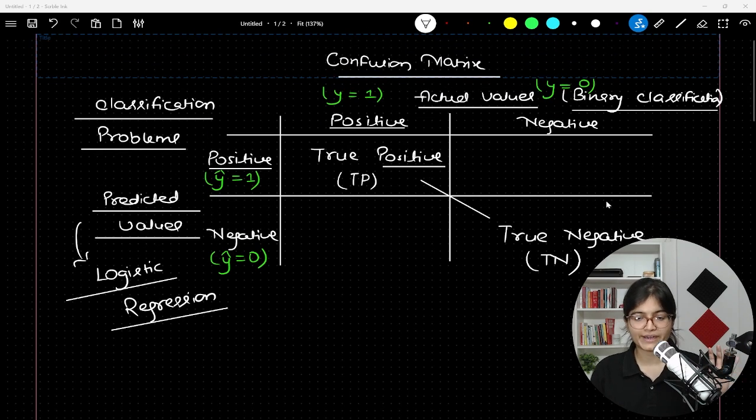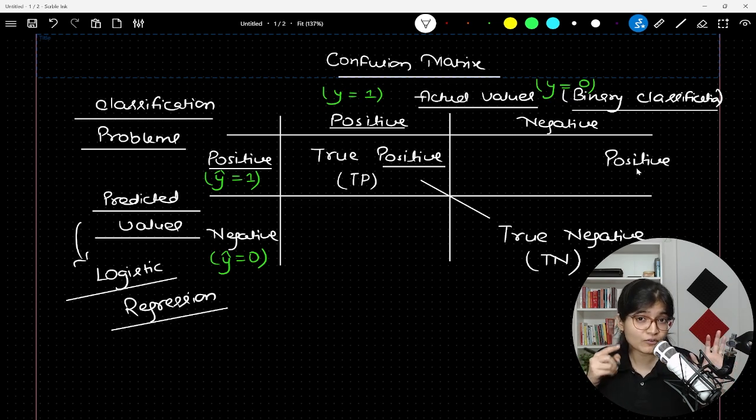Now let's move ahead to filling the remaining two blocks. This is important. What you are saying is that actually the patient is not diabetic, with the value of y being 0. But my prediction, the value of y cap, says he or she is diabetic. That is where the error will come. That is where the worst case scenario will come. But what does your prediction say? It's positive. But is that a true positive or a false positive?